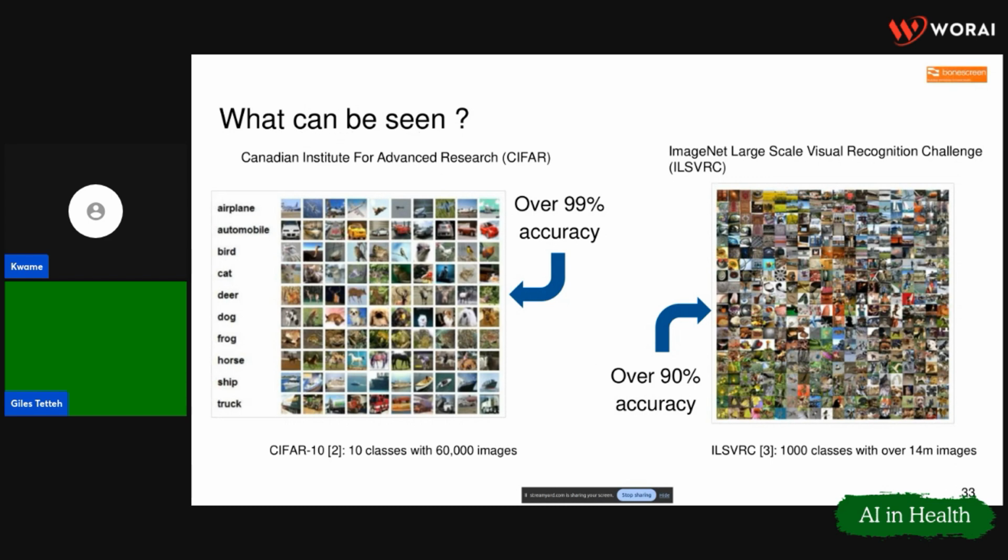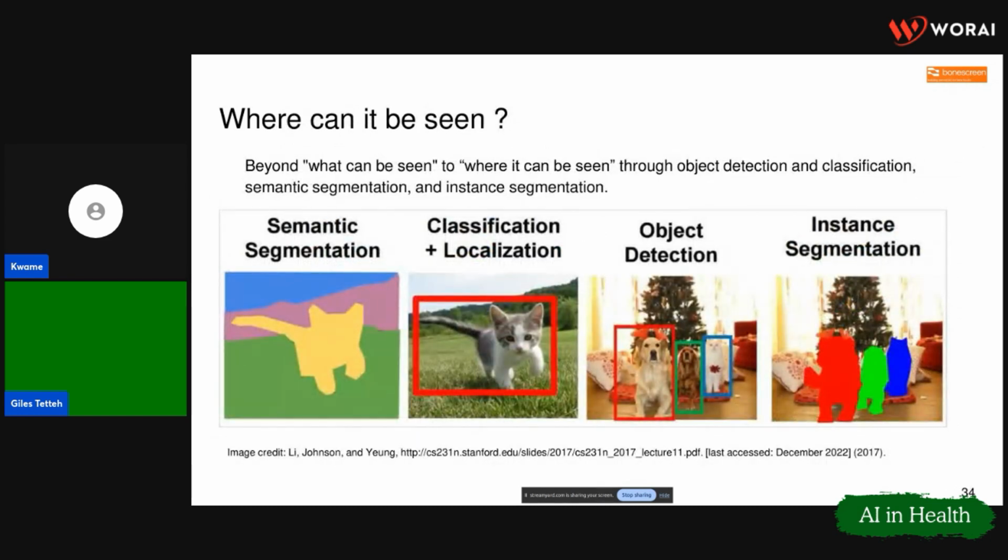And then we had another data set with over 4 million images and approximately 1,000 classes. So the task is becoming more and more tedious. But even with that, with machine learning, we are getting over 90% accuracy in here. But all of these are not medical images. They are what we call real world images, right?